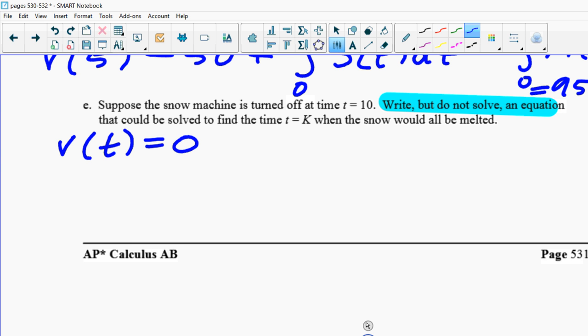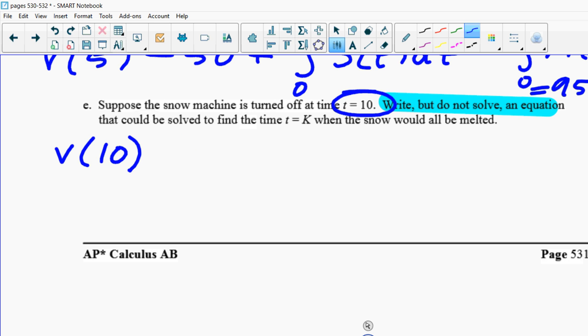Well, let's think about this. Can we figure out how much snow there is at time t that we're going to have to melt? How much snow is going to be on the mountain? Remember, we're right here. How do we figure out how much snow there is on the slope? You're going to calculate this, aren't you?